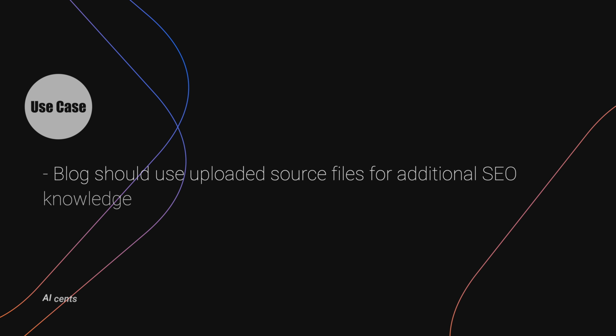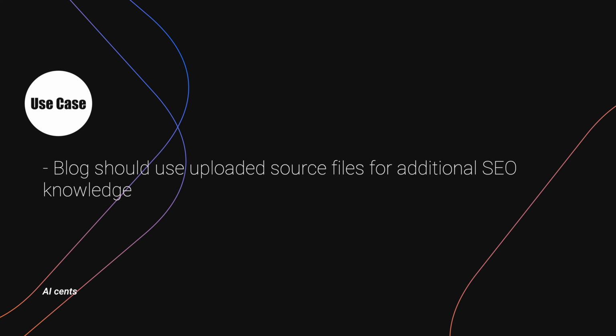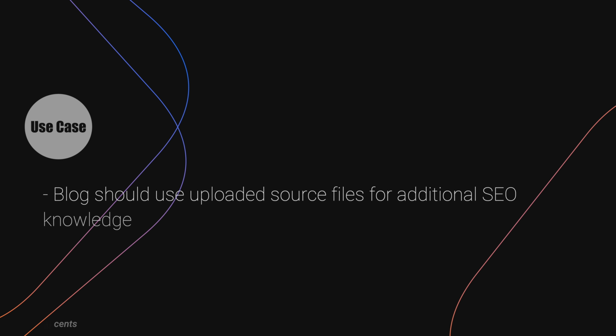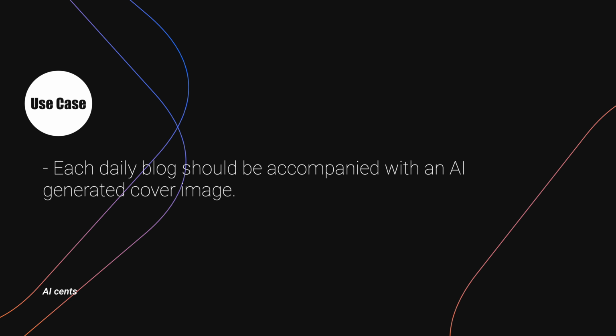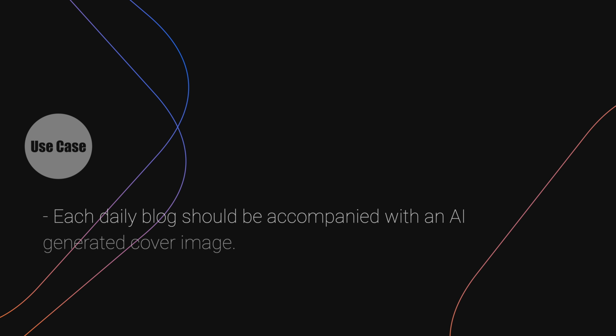We'll also be adding a couple knowledge files to our AI assistant that contain best practices for SEO in the retail sector so that our assistant is fully dialed in on our topic. And finally, we'd also like to generate a cover image for our blog. That we'll be doing back in Zapier, and we'll see why in a second.